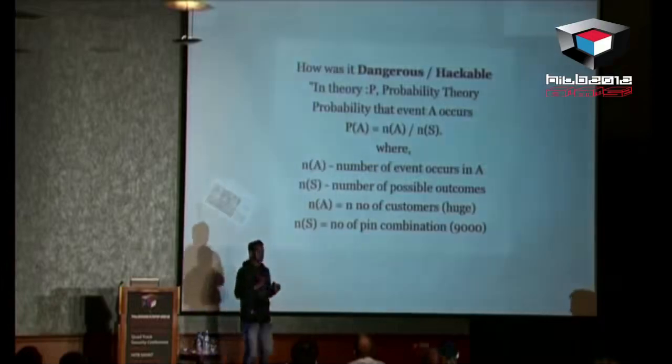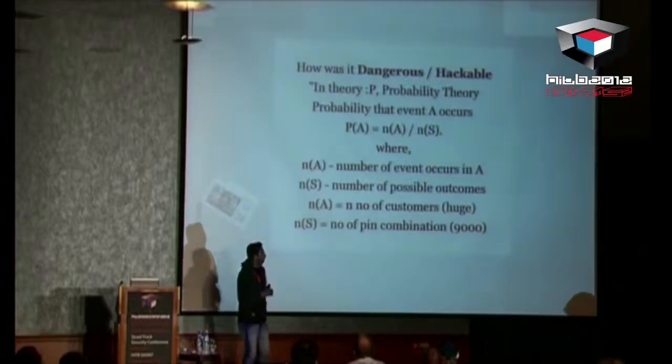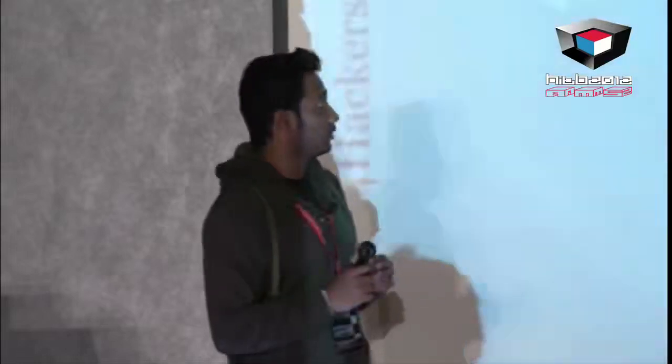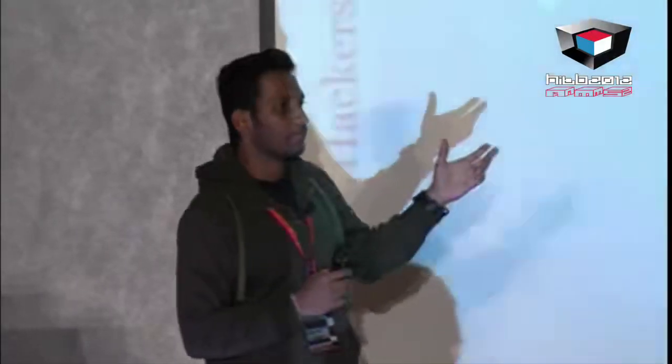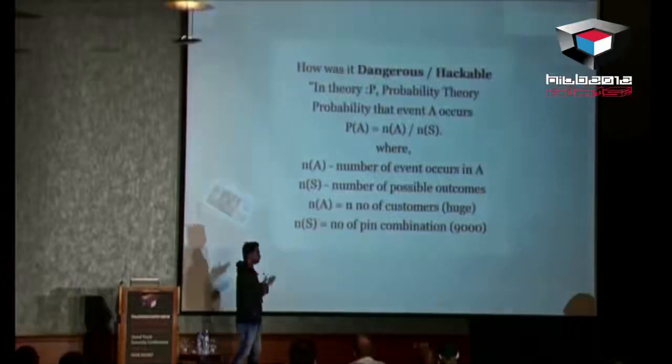There was clearly no CAPTCHA system for this IVR application to prevent a brute force attack. And probability theory states the probability of an event to occur, where here the event is multiple users having the same password. That is P(A) equals the total number of events, that is the number of customers, which would be very huge, divided by the PIN combinations. So we have a 4-digit PIN combination from 0001 to 9999, so about 9,000 PIN combinations.